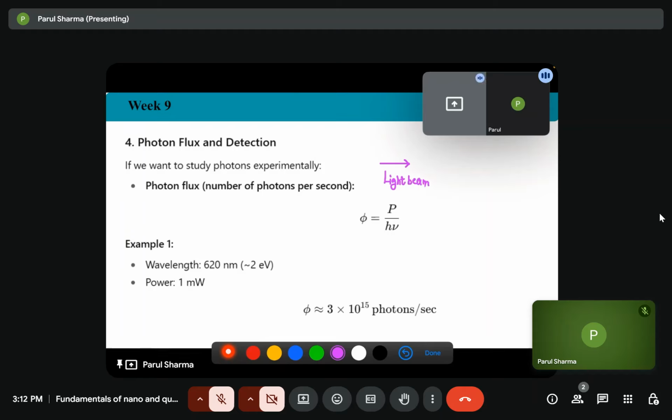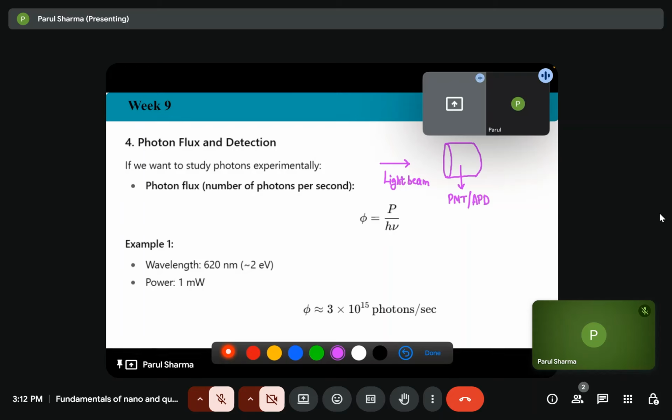The light beam is coming, and after that, we have this. We can have either a photomultiplier tube, an avalanche photodiode or APD, or PMT.